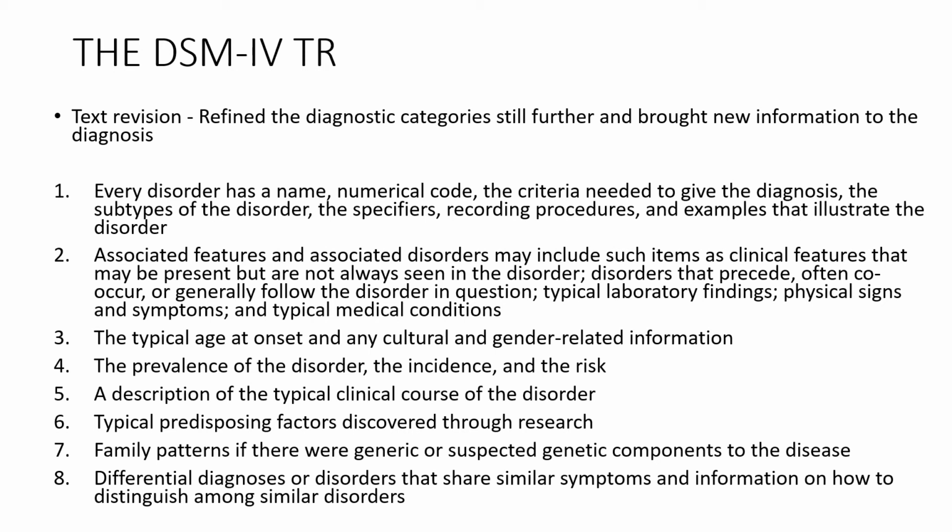So is it something that you can get from your parents, or is it something that happens because something else happened? Where is it coming from? And then of course 8 is differential diagnosis, or disorders that share similar symptoms, and information on how to distinguish among similar disorders. So if there's something that are really close or related, how do we tell the difference between this one or that one when you're making that diagnosis and then working with that person?